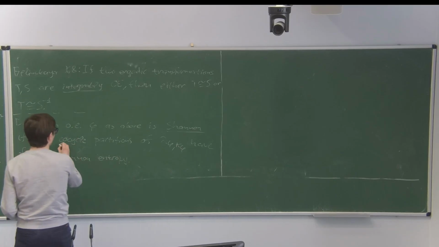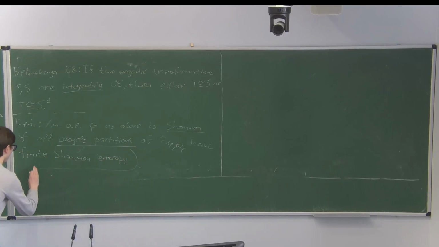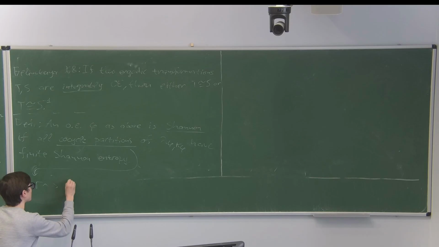Now, what are these? So, for every S in gamma, you get a partition of your space, which is by the sets.